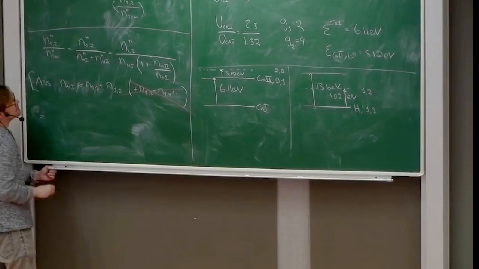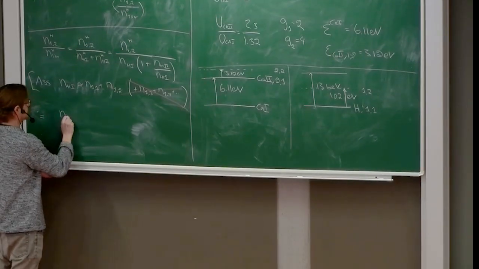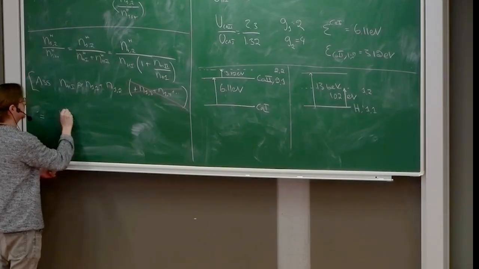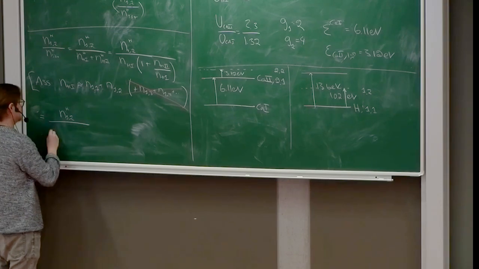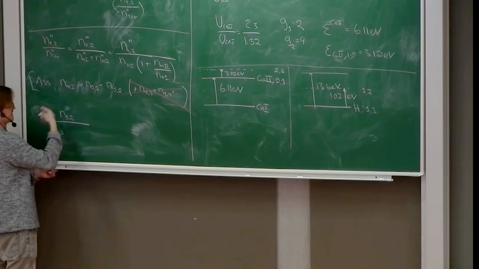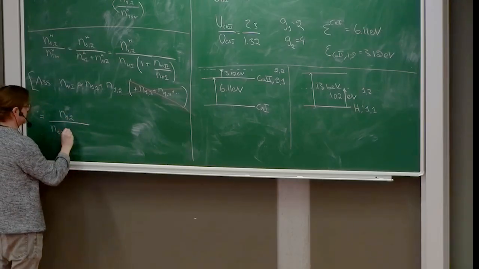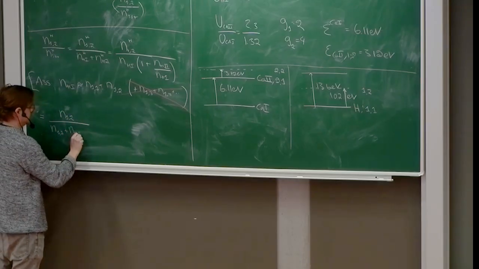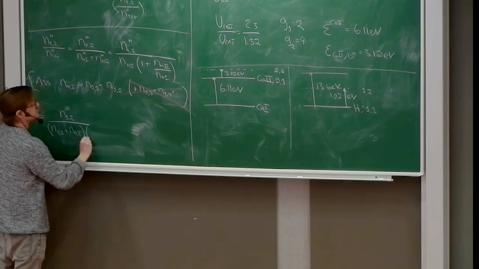Then you can see that the ratio here becomes N_{1,2} of H divided by N_{1,1}. I will skip the H's all the time. It's hydrogen all the way here.